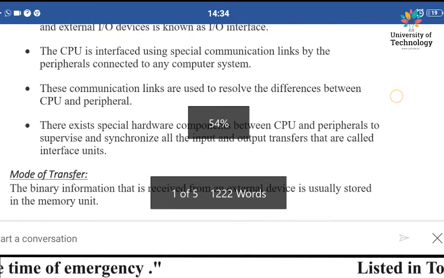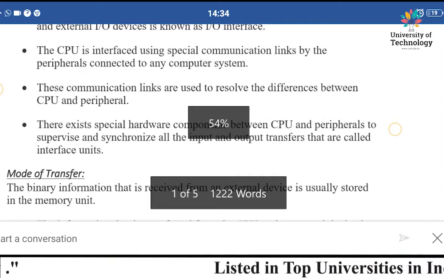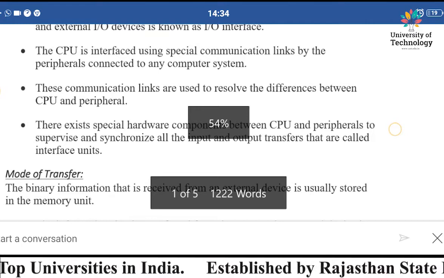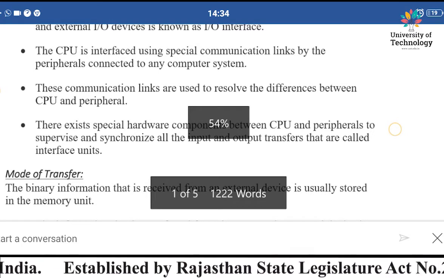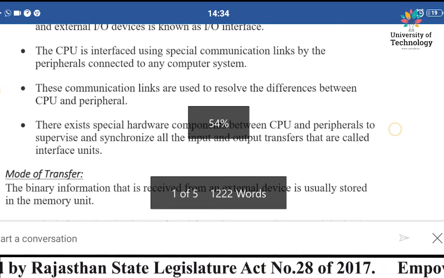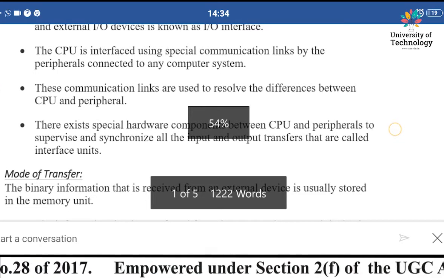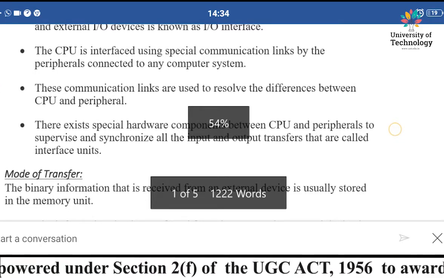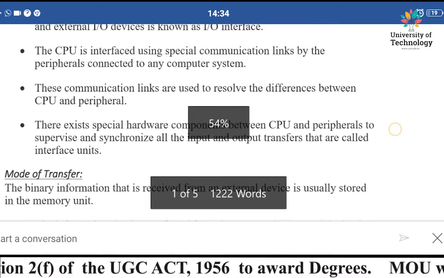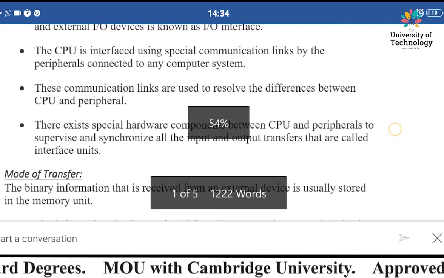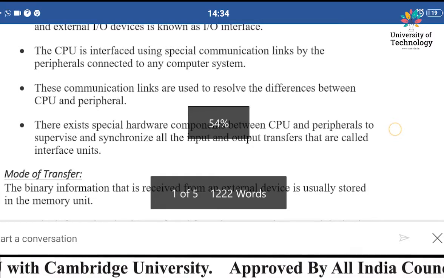Now you know the CPU interfaces using special communication links with the peripherals connected to a computer system. Any computer system has peripheral devices, and we know that it is connected to them. So we need a special communication link via which you can connect the peripheral to the computer system.